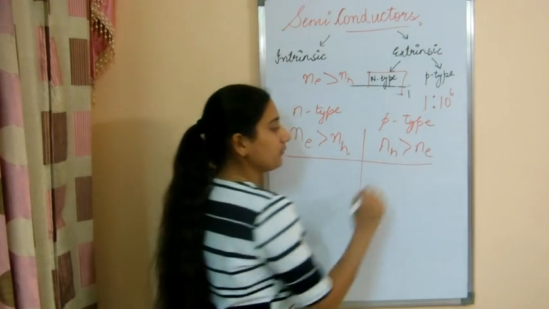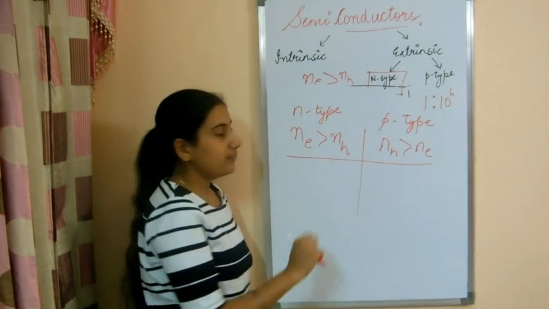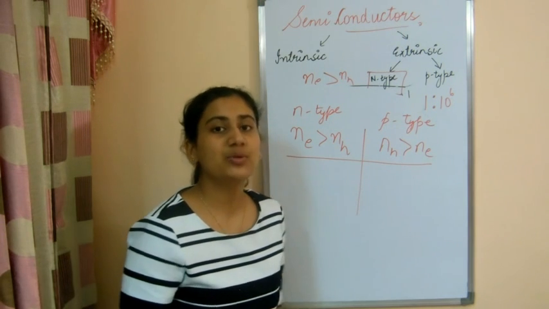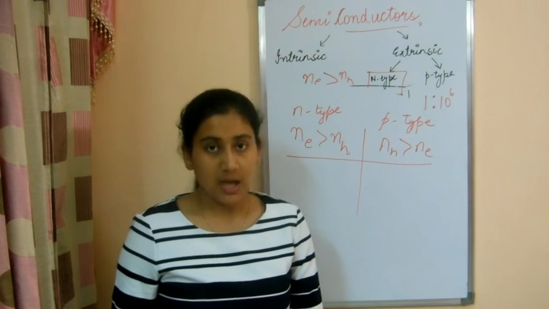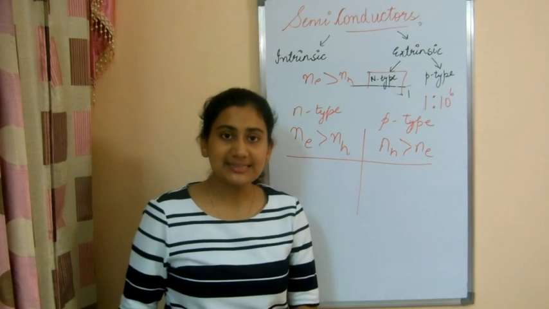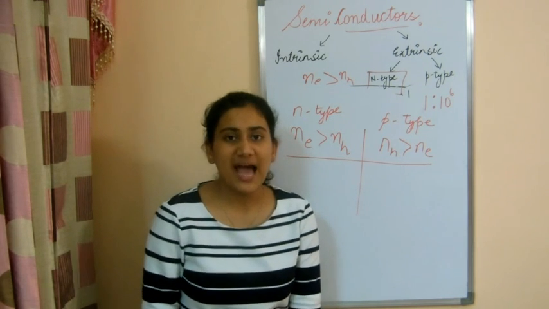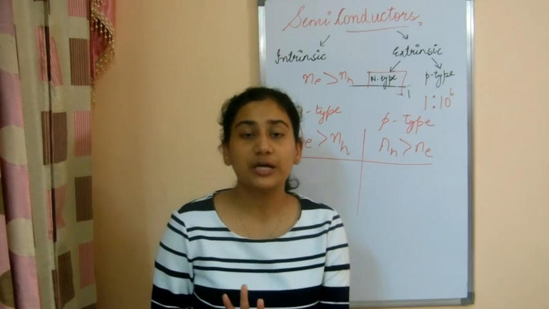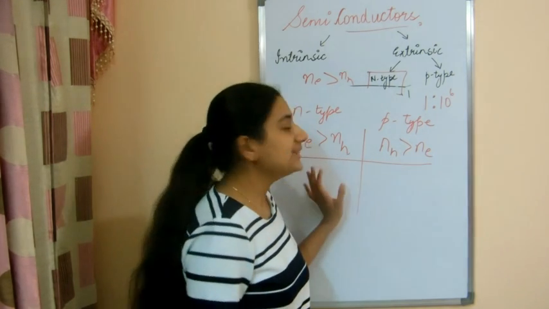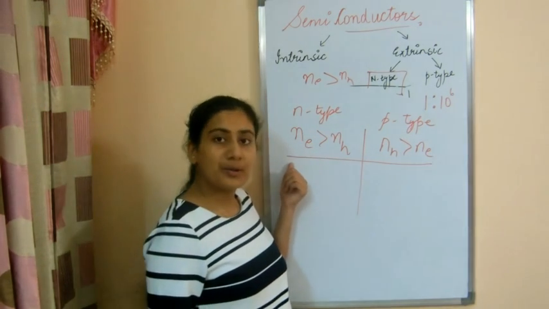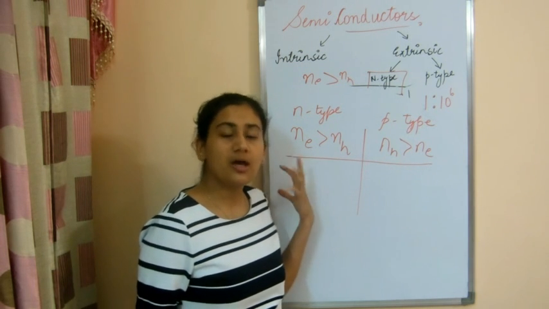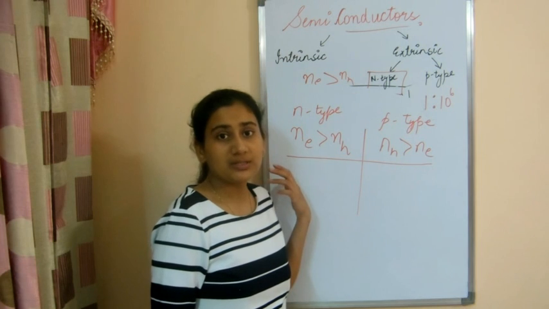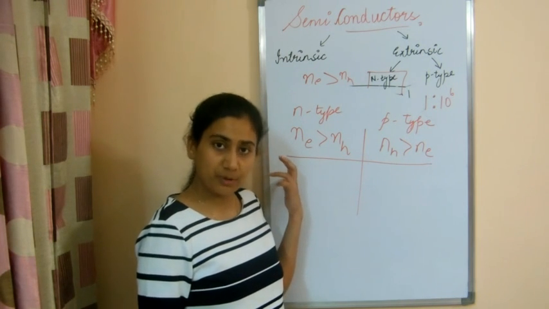And in both of them the current will be more in comparison to intrinsic semiconductors, because in intrinsic semiconductors we have holes and electrons formed just because of thermal agitation. But in n-type, we have more electrons than those produced by thermal agitation, because we have free electrons from the impurity.